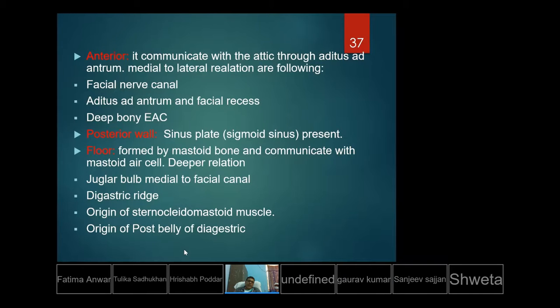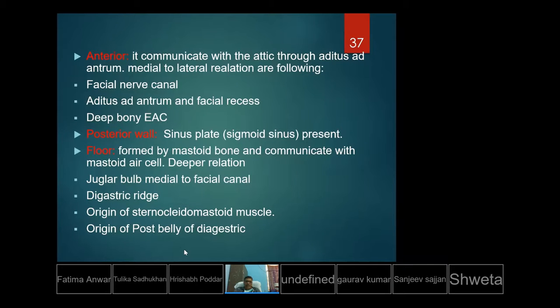Attic is a part of the upper part of the middle ear cavity, and medial to lateral relations are fluents. The anterior wall of the antrum is actually the posterior wall of the middle ear cavity. So from above to below, the relations are facial nerve canal, aditus ad antrum, and facial recess.